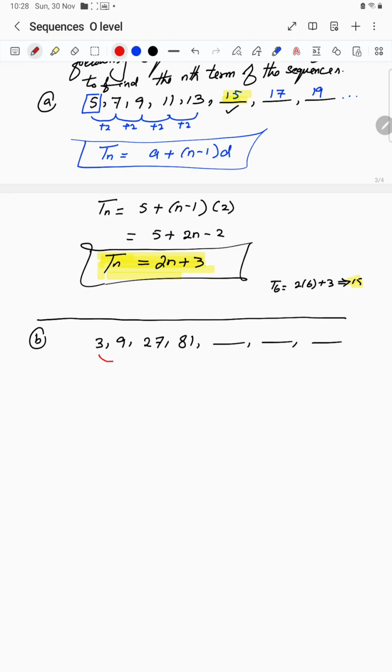Here you can see the common difference is not applicable. It is plus 6 and then it would be 18. No, it's not possible.